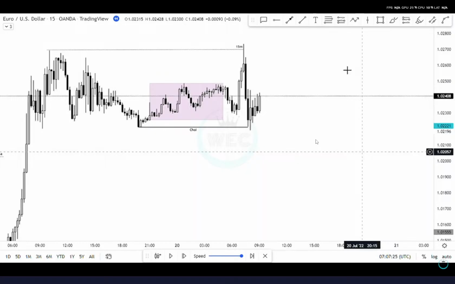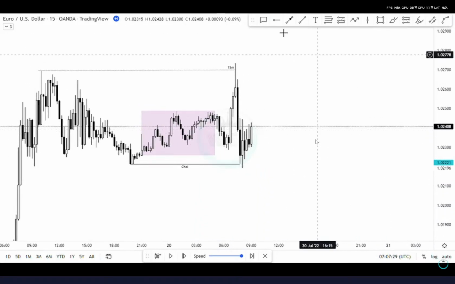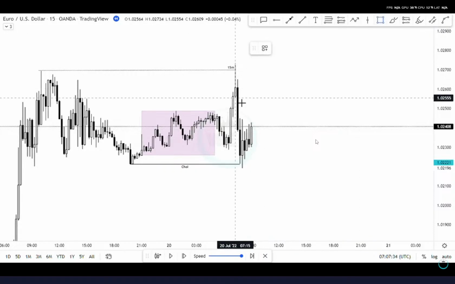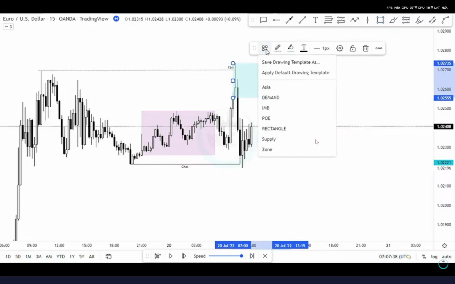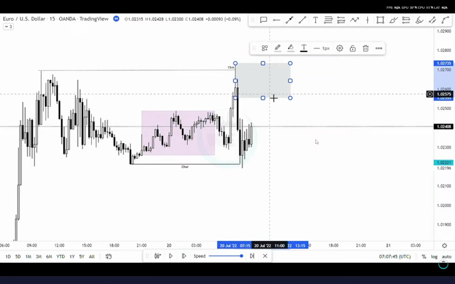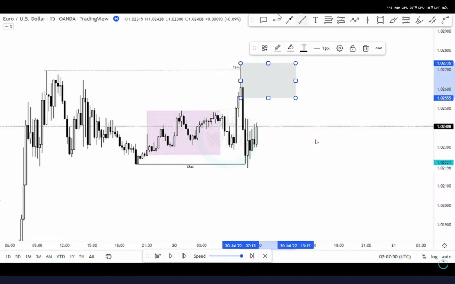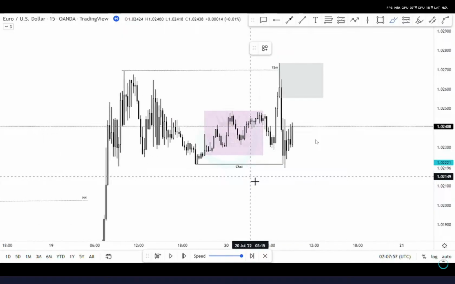Now, another thing, after this change of intent, what can we do? We can look for our supply zones, right? So on a normal day, you're going to mark this as your supply zone on M15. However, I'm going to show you something when we get to the 5 minutes. The reason why price didn't get into the supply zone, I'm going to show you when we get into the 5 minutes. But then another thing is, after a break of structure, we can take advantage of counter trend trades, just like we are doing on the higher time frame, right?